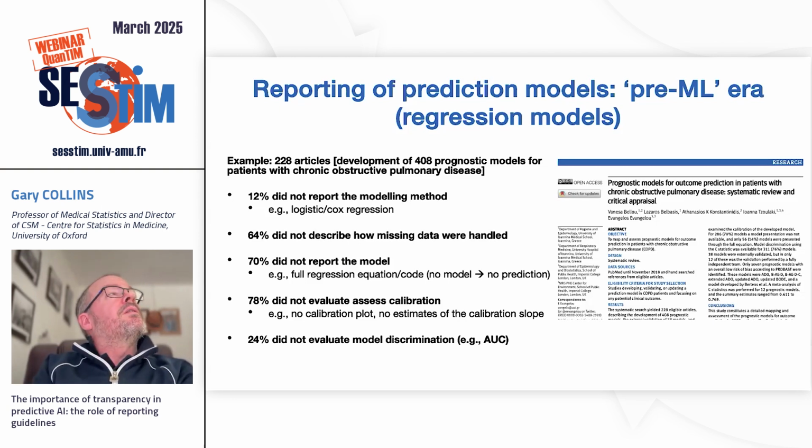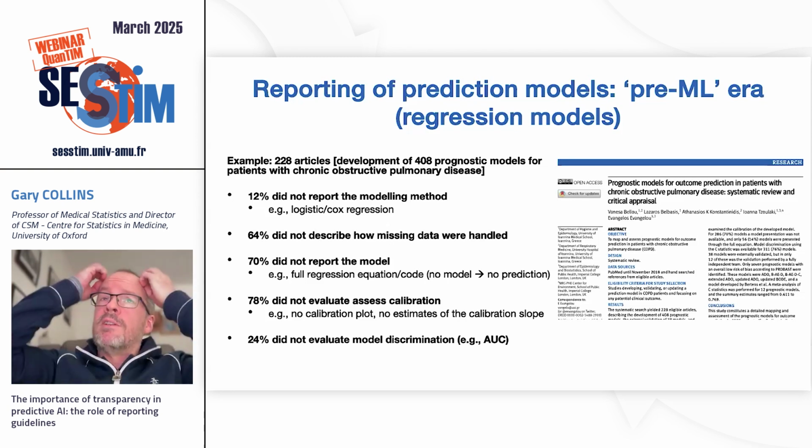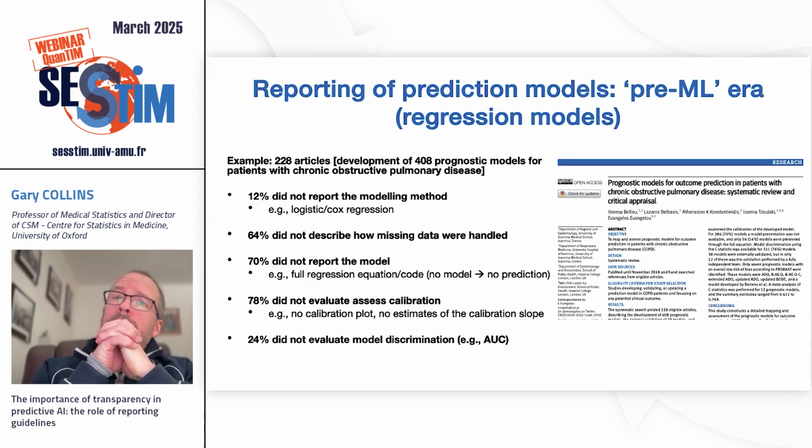Before the interest in machine learning, how was the reporting of prediction models? This is my area of interest. Primarily it was in regression. And we know, through numerous methods of research, systematic research literature, that prediction models using regression models were quite poorly done. They were poorly reported. If you're doing a logistic regression-based model, tell the readers that's the kind of model you fit.